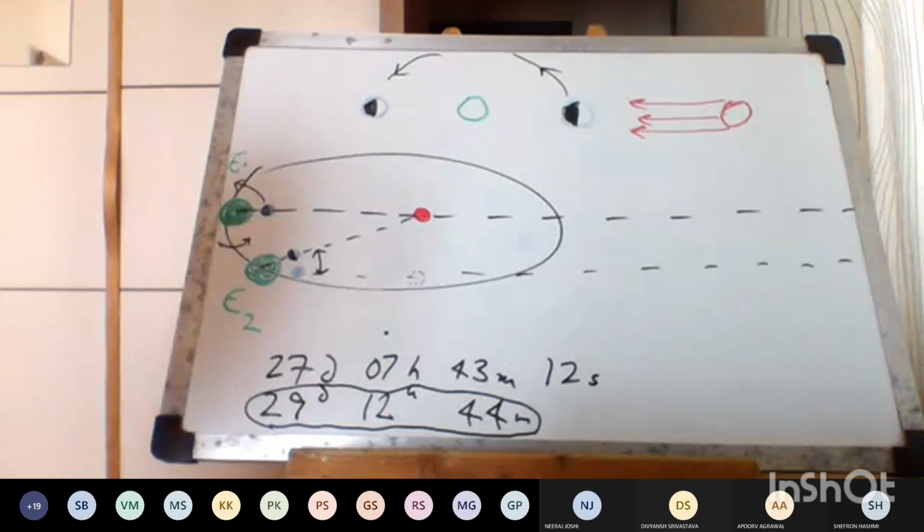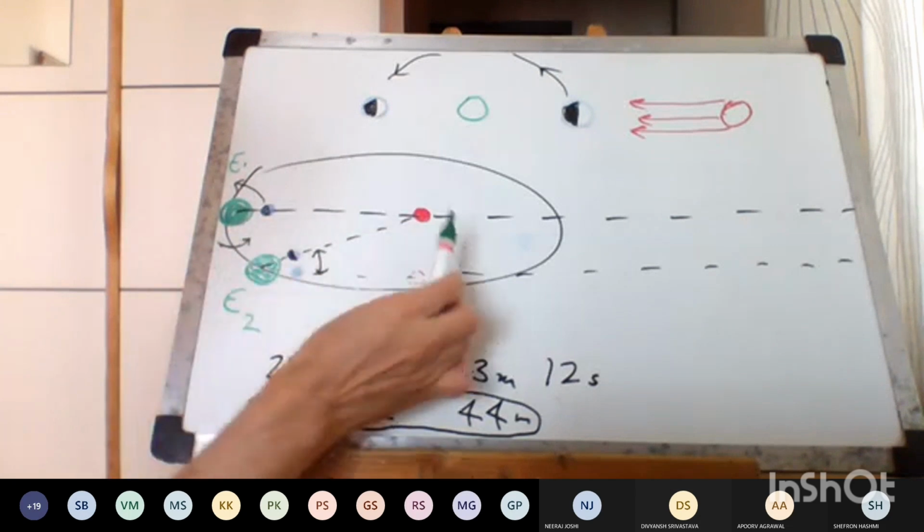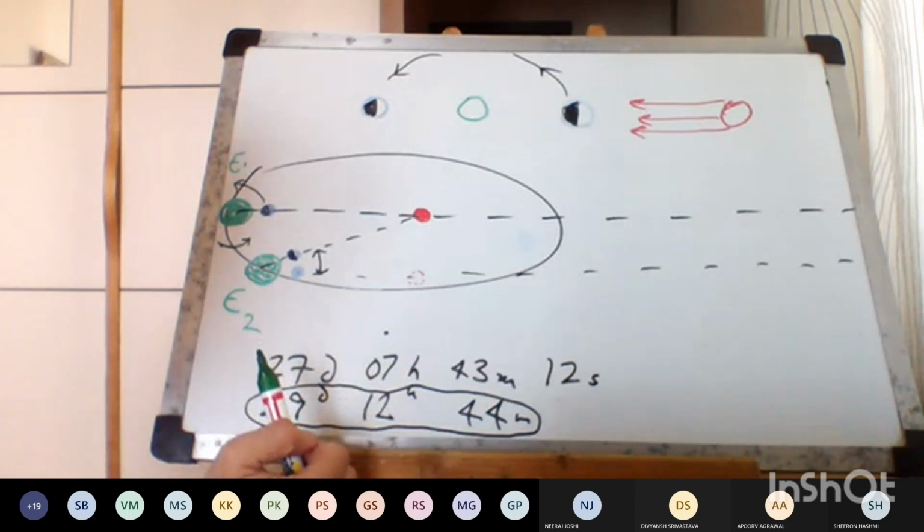We know that all the bodies are sometimes close to the sun, sometimes far away from the sun. Now tell me, this part is very far away, this part is close. We saw Kepler's law also.